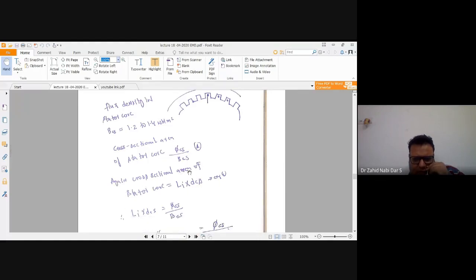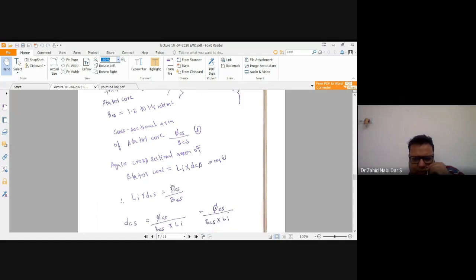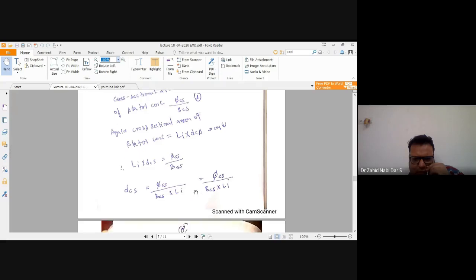Again, cross sectional area would be length into width, so we can equate length into width to phi divided by BCS. That is because B is equal to phi by A. Like that I have written phi CS by BCS is equal to this. You can calculate from here.